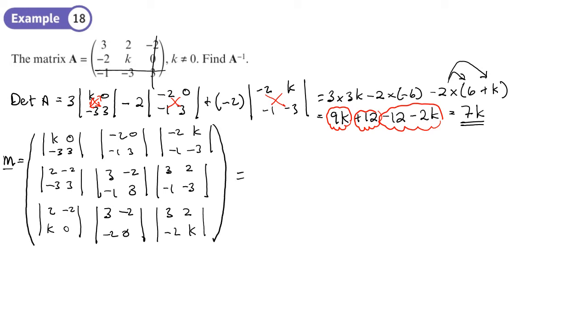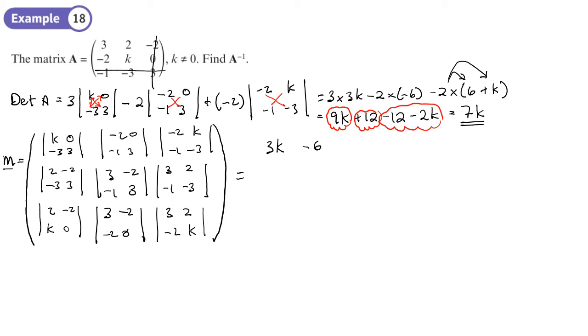So determinant time. The first one is going to be 3k, because I ended up doing 3 times k minus something times 0, so 3k. Second element is going to be just negative 6, because we end up doing 0 times negative 1, so negative 6.